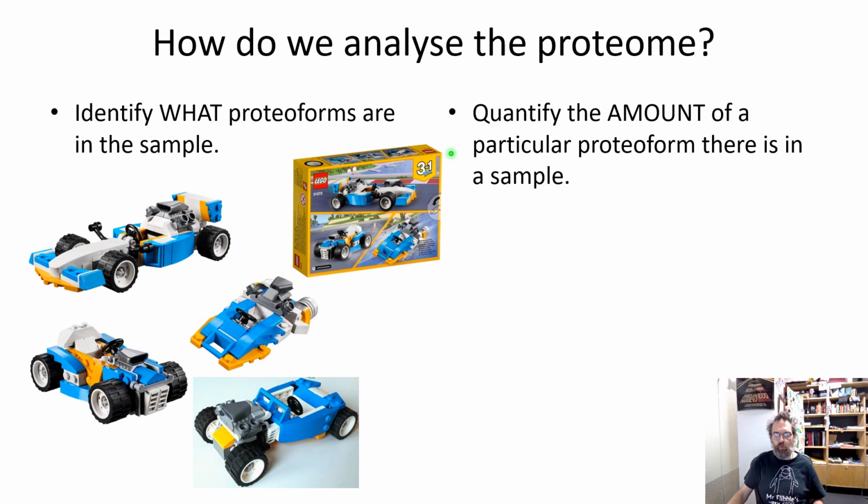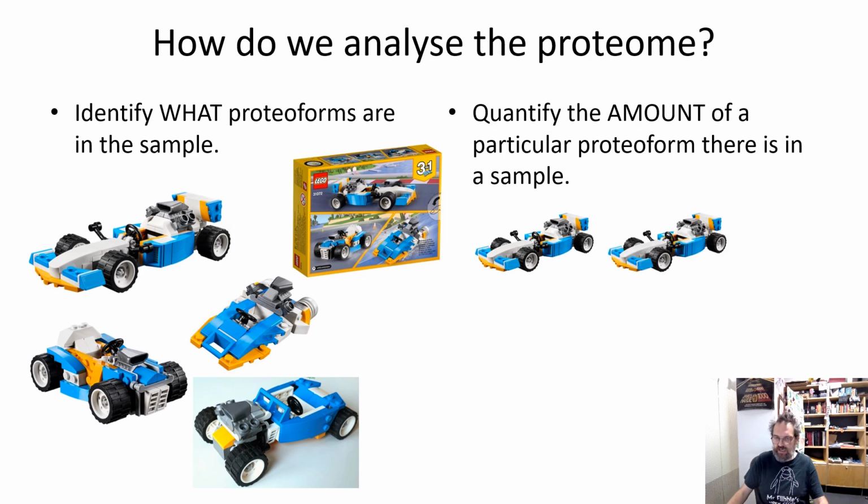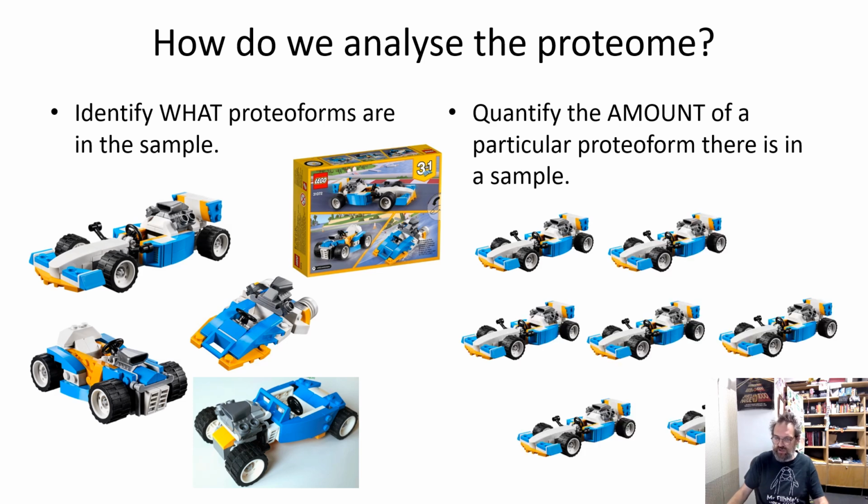So what we're doing in proteomics is we're not only identifying which particular proteoforms are present in the sample, what particular things have been made by translating the genome, but we're also quantifying the amount of a particular proteoform that actually is in the sample. How many molecules of exactly the same thing are there in our sample?